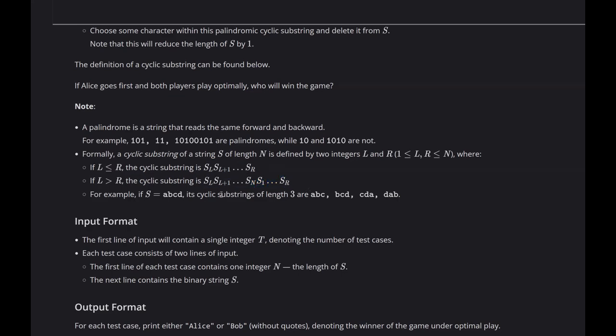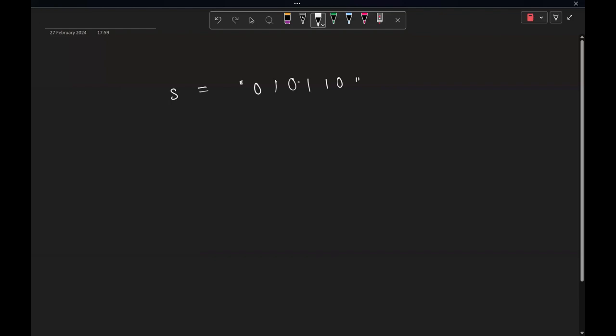Basically, let me show it visually. A substring like this, 101, is a normal substring from S. But if you pick up the characters in this way, that you pick up some characters from the end and some characters from the beginning, and you call it 1001, this is a cyclic substring.